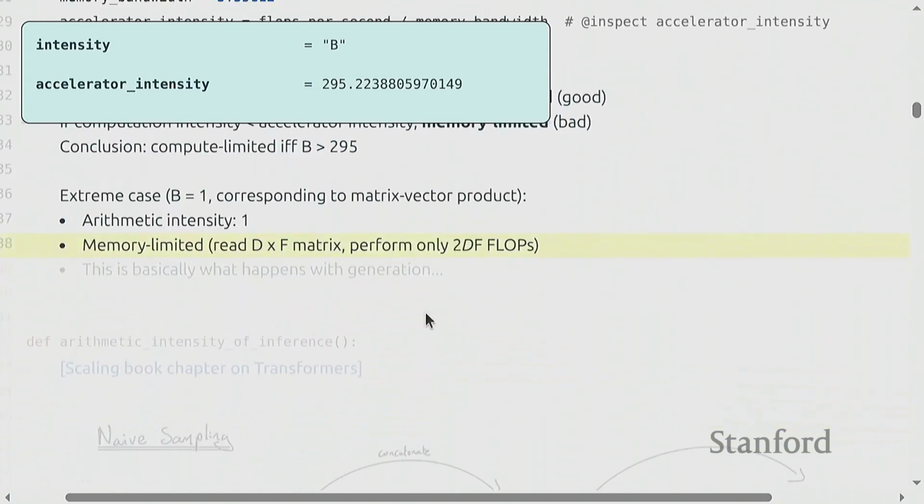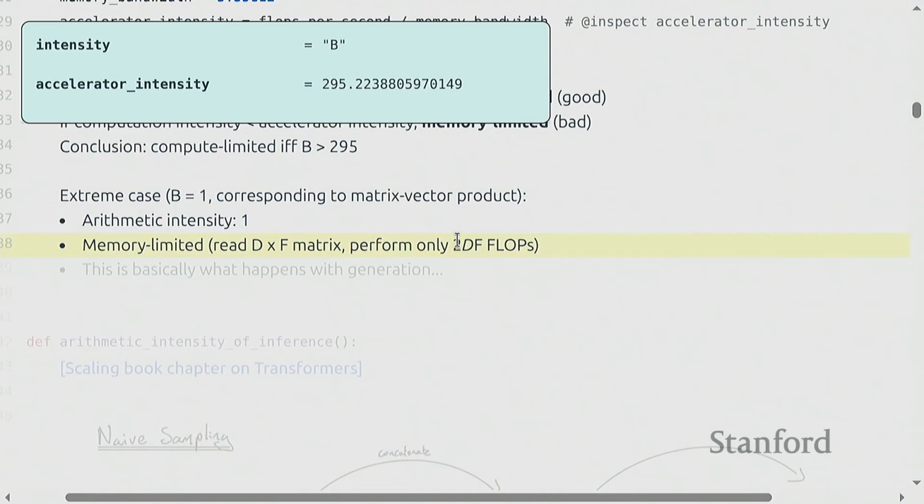That means you're going to be memory limited, which kind of makes sense because you're just reading this D times F matrix, and you're performing essentially the same number of flops. So the ratio between the flops and the reads is the same, which gives you 1, and 1 is bad.